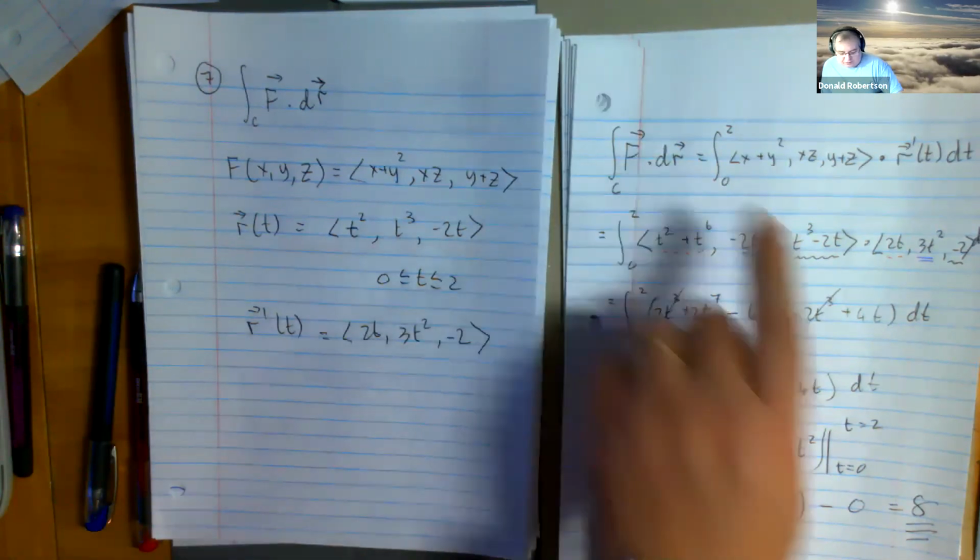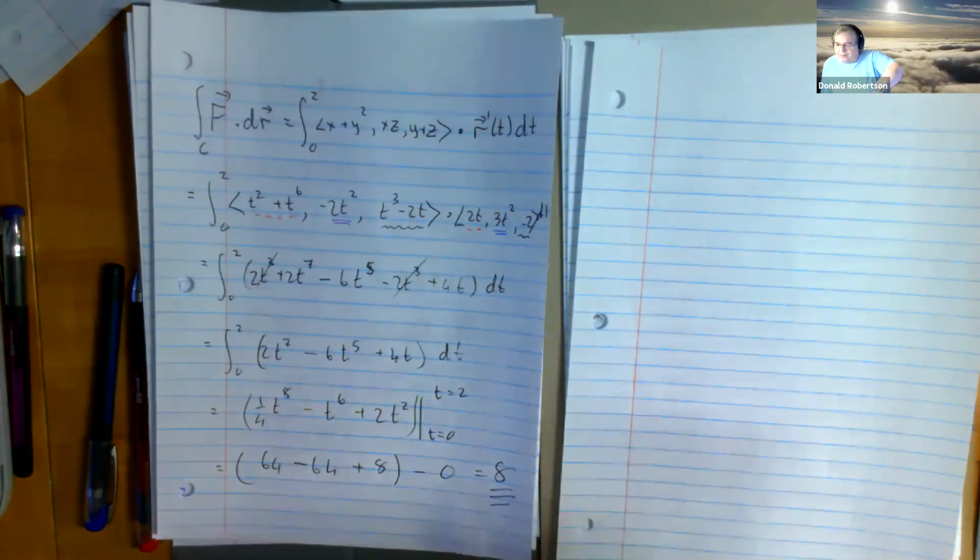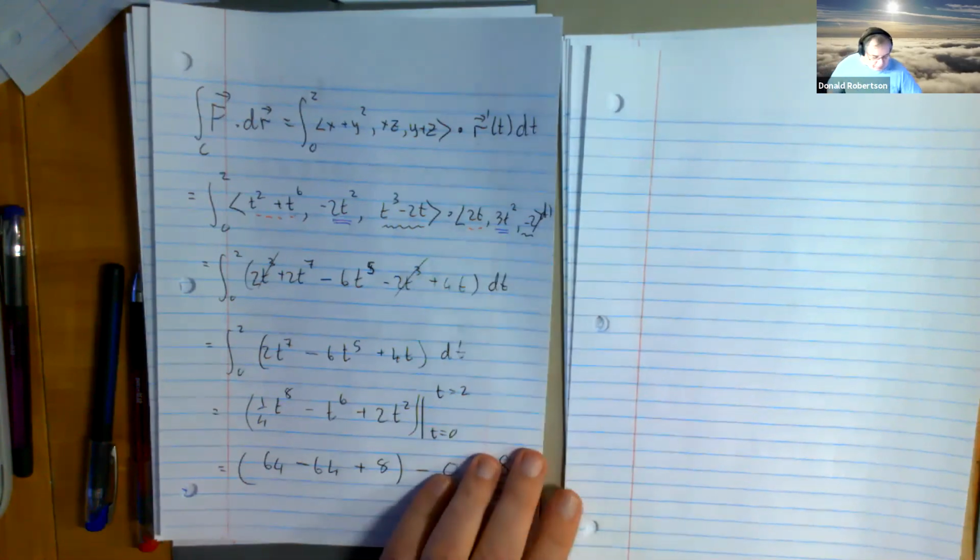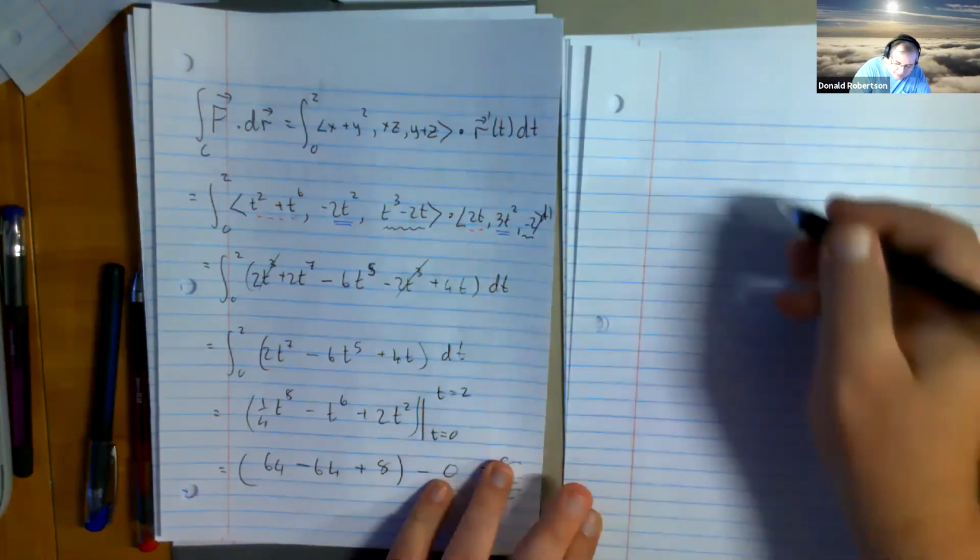Now, this particular line integral has a different meaning than the area of the bent wire, right? Which is what the others were kind of trying to visualize or explain.